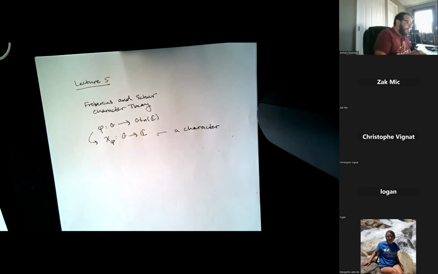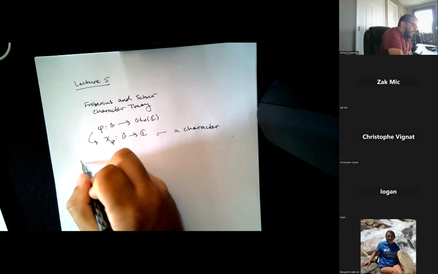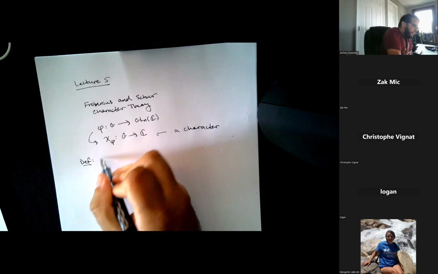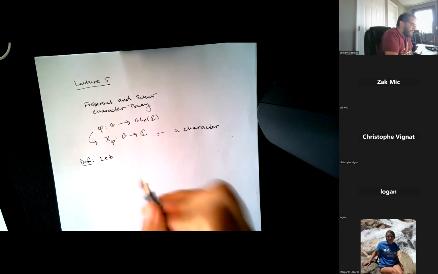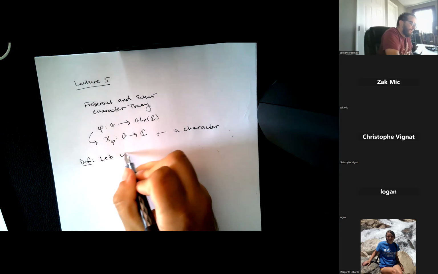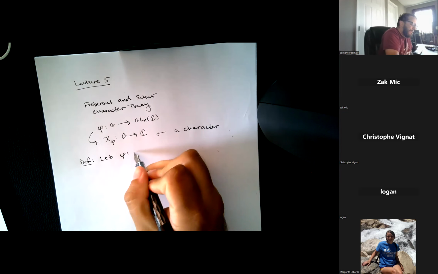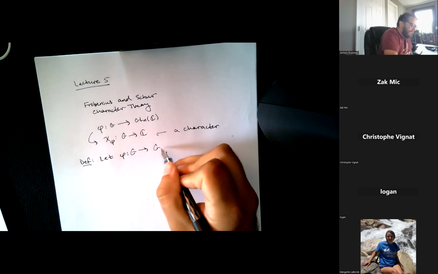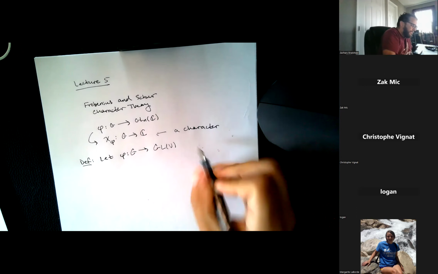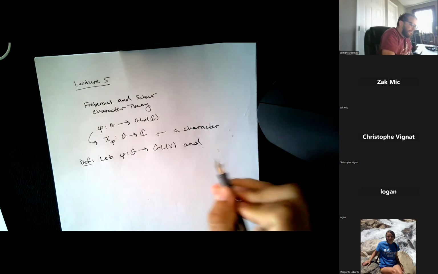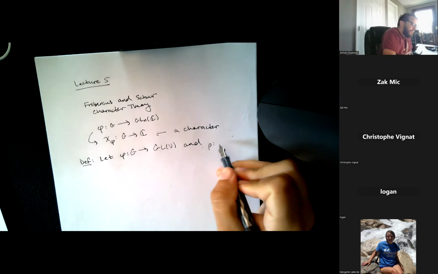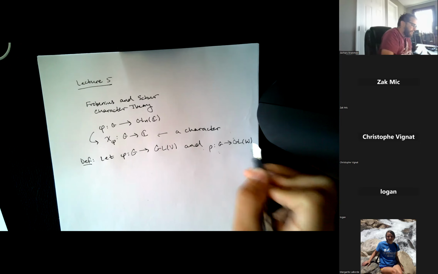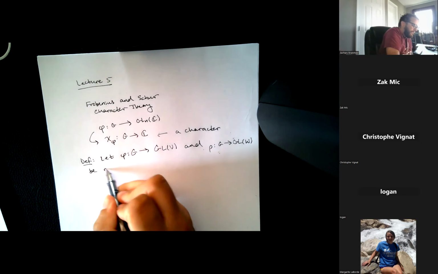Okay, so first things first, let me give you a definition. So let me define phi just once, so I don't have to keep writing the whole map. Let phi from G to GL(V), and rho from G to GL(W), be representations.